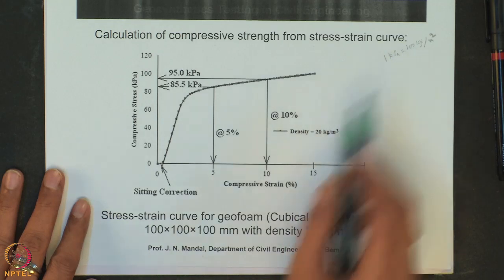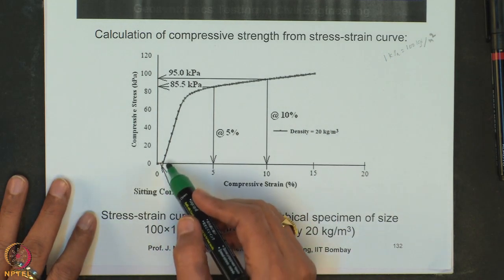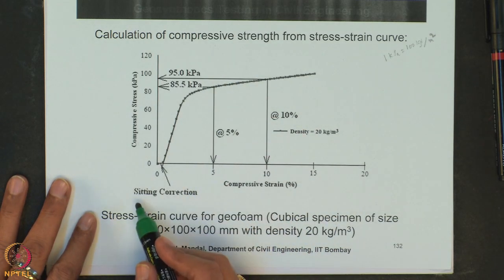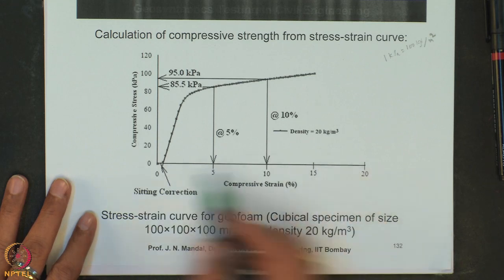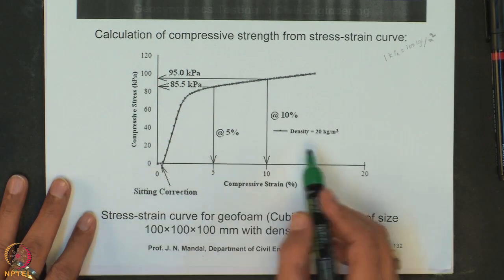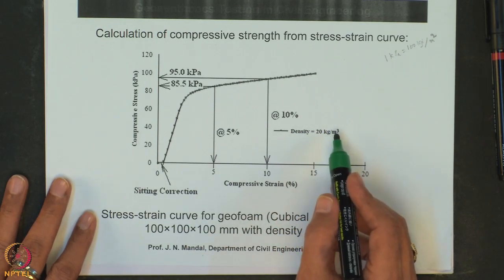Next I will show you one typical stress strain curve. Here is the calculation for compressive strain, with the seating correction, and this is the compressive strain and this is the compressive stress value in kilopascal for a geoform density of 20 kg per meter cube.